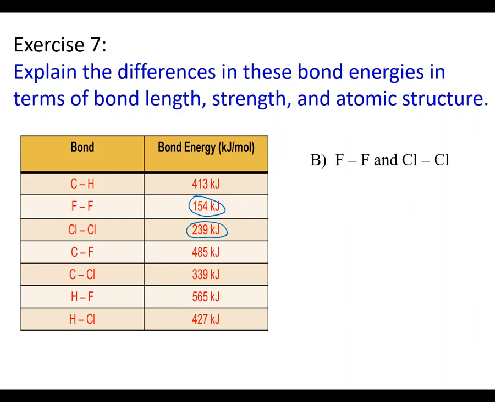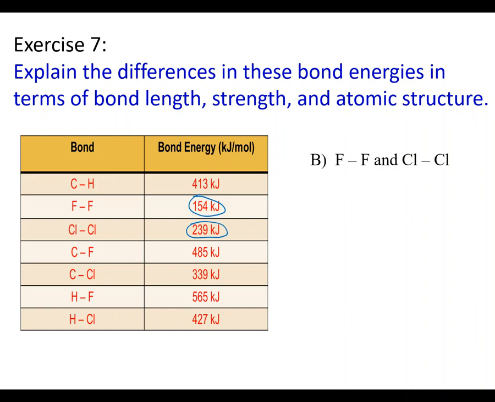Let's think about it. The fluorines are smaller, but they have 7 valence electrons each. So they're kind of cramming lots of electrons into a small space. Whereas the chlorines are larger and they have more space and more area to designate their electrons. What do electrons do to other electrons? They repel them.